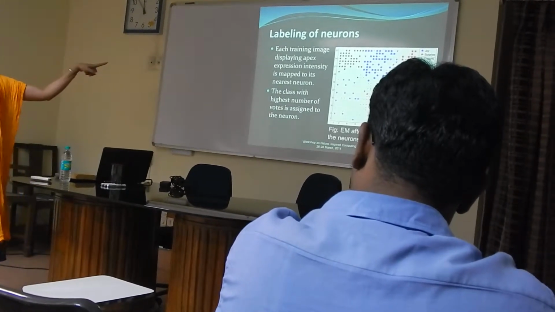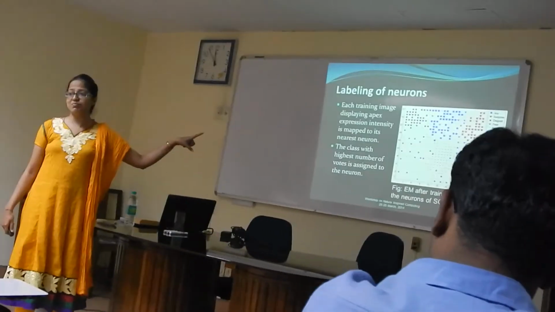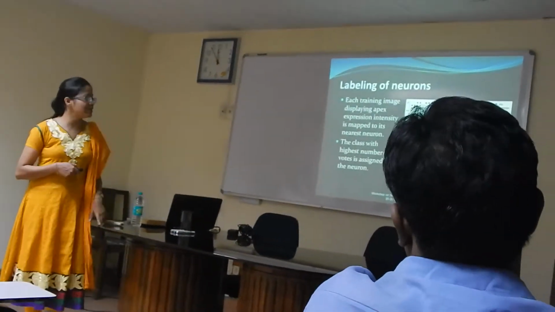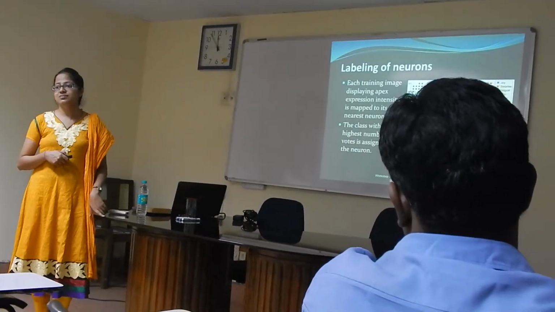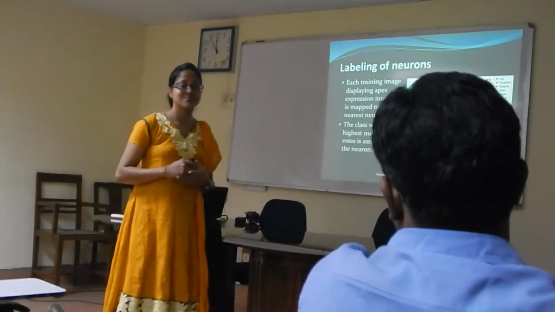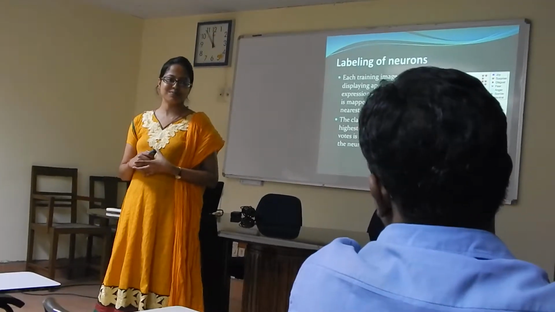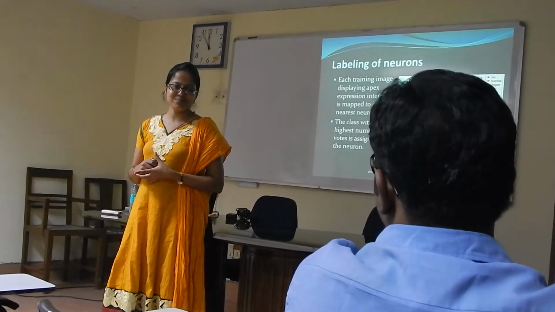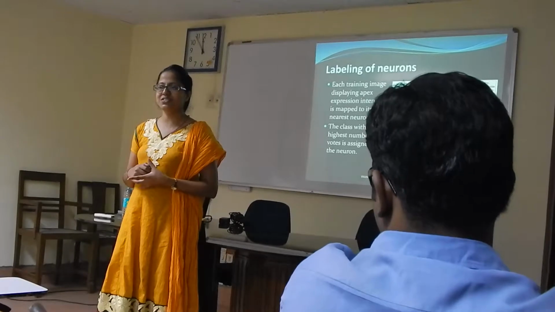I told you this is not a symmetric diagram. This is an actual experimental result carried out in our lab. So how did I know that this particular neuron is for joy? You test. Yeah, I tested it, but how? You input some known expression and then we see the neurons which are acting. Right.